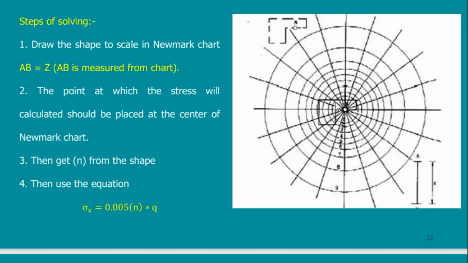Suppose that they are 20. So I take this 20, I substitute it here for N. I know that Q is the stress of my original footing, I multiply all of this together, then I get sigma Z. What is sigma Z? Sigma Z is the stress due to this footing below point N at a distance of Z.